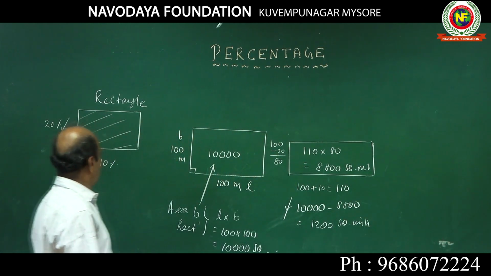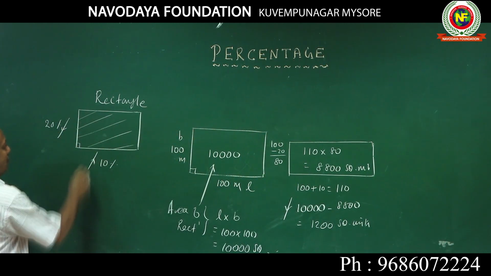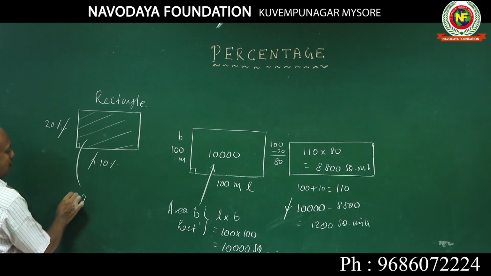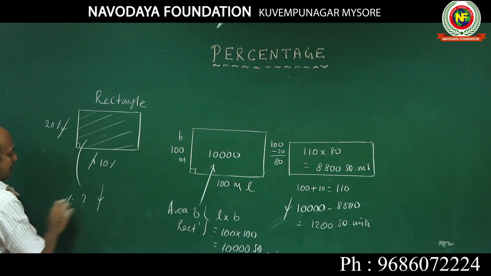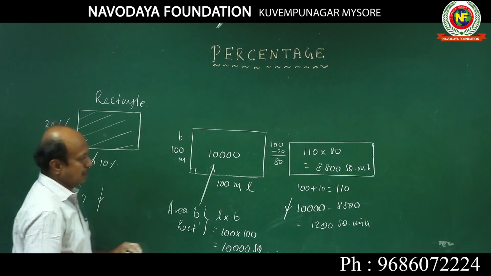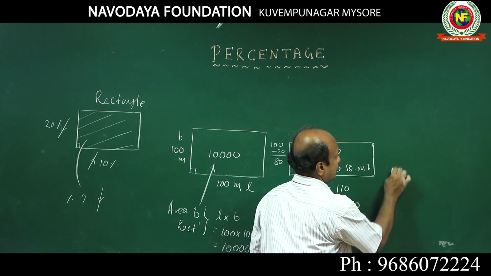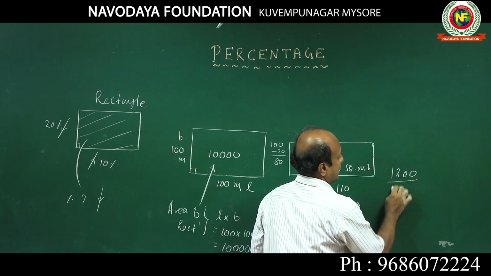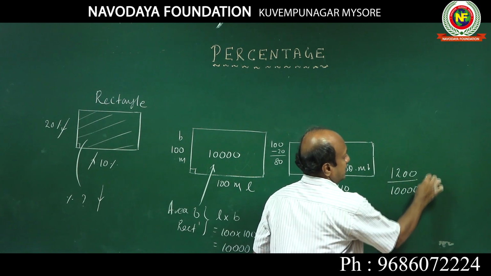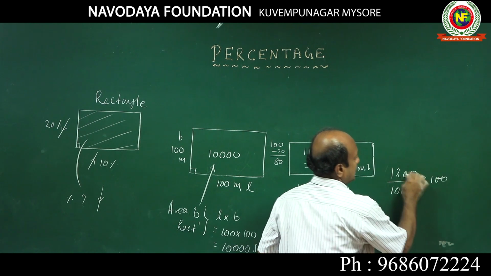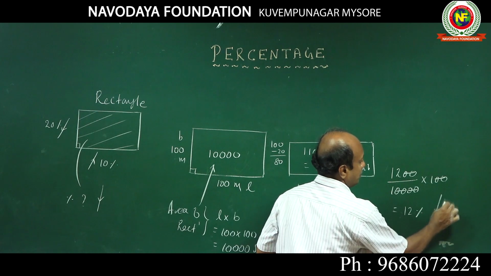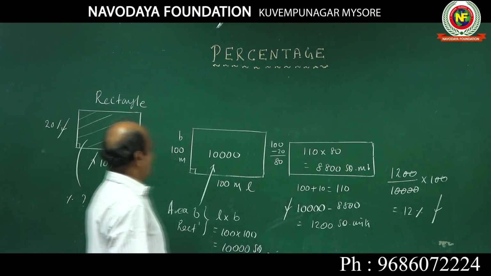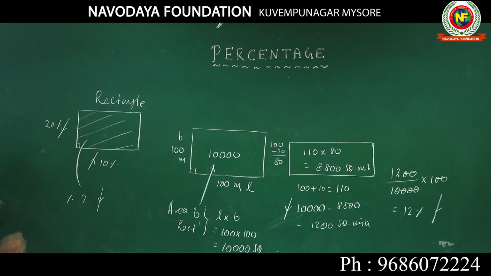But what we have to find is in terms of what percentage the area is decreased. 1,200 by 10,000 into 100. Two zeros get cancelled. Therefore, 12% decrease.